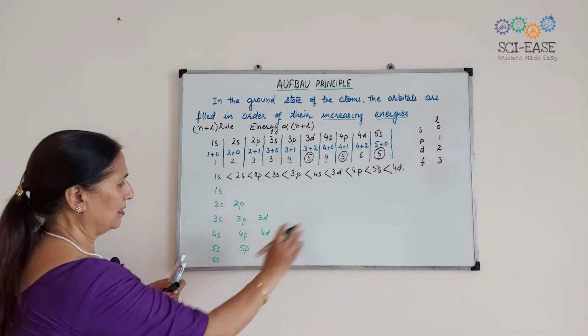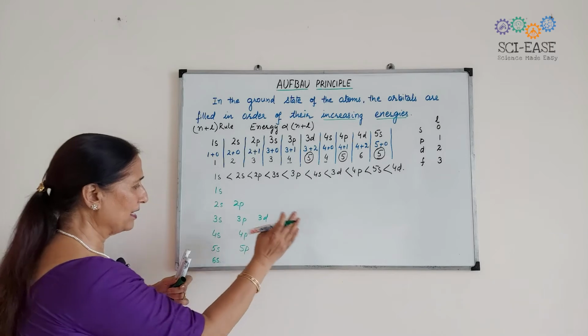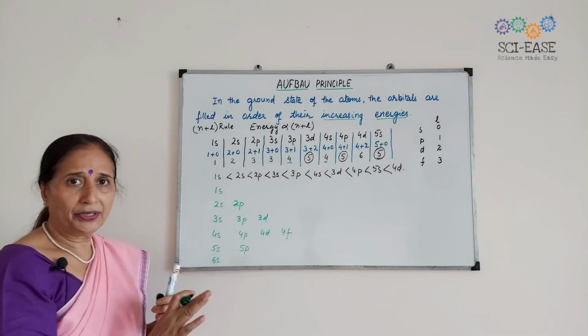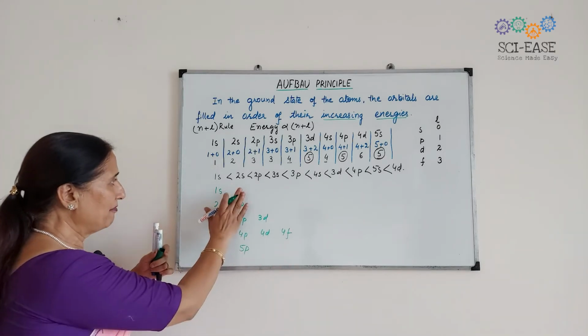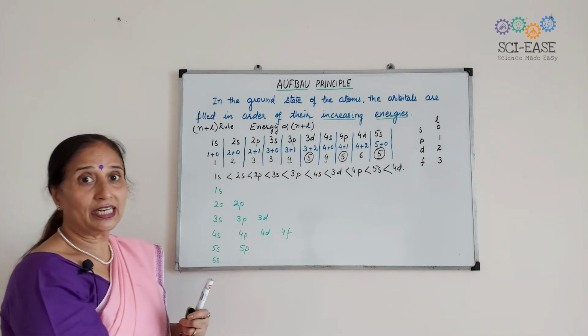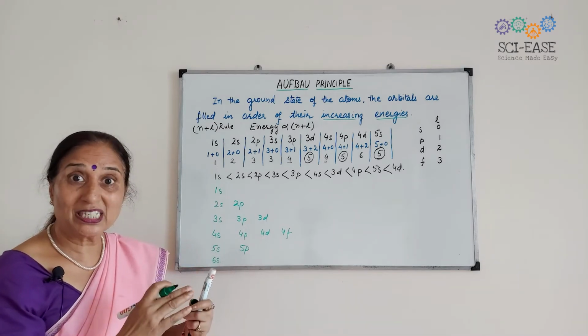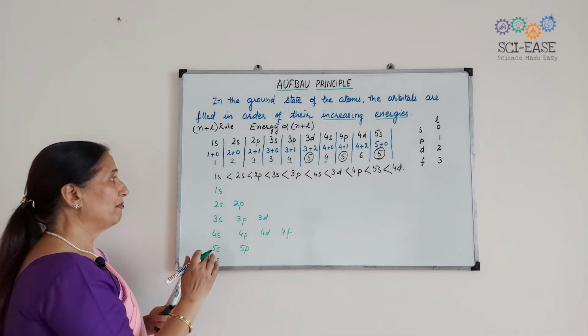You can write 5d, then 5f, and so on. You can write it, but I will tell you what will be the sequence in which these energy levels, or you can say orbitals, will be filled.